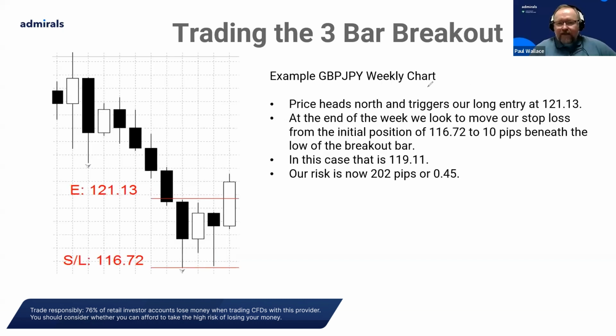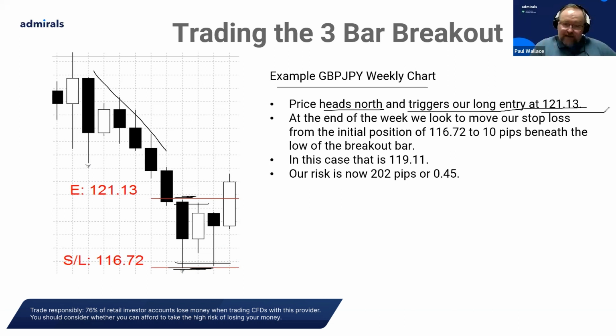Fabulous. So in our example here on the pound against the Japanese yen, price has been in a downtrend, price went sideways, it's taking a pause. As I said earlier, we had our entry 10 pips above the high of the range, our stop loss 10 pips beneath the low of the range. What we see is that price heads north and it triggers our long entry at 121.13.